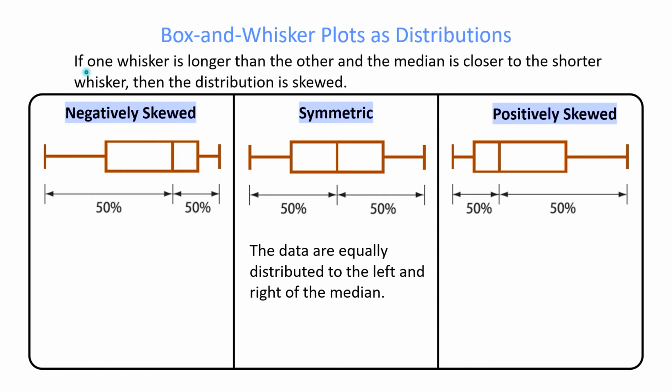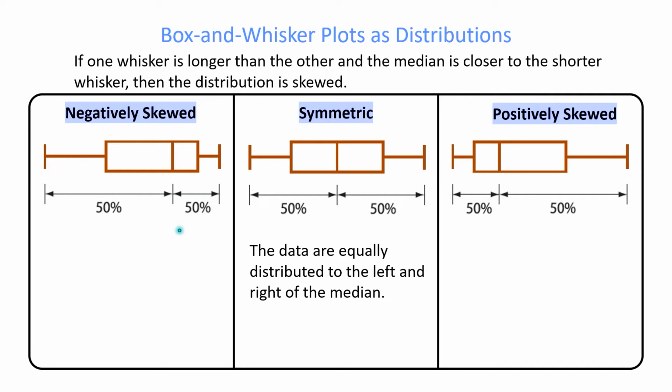Now, if one whisker is longer than the other and the median is closer to the shorter whisker, then the distribution is skewed. So if you look at this one, we can see this whisker is longer than this whisker here, and the median is closer to the shorter whisker. Same thing here, we have this whisker being longer than this whisker, and the median is closer to the shorter whisker.